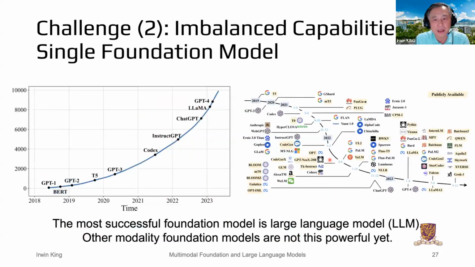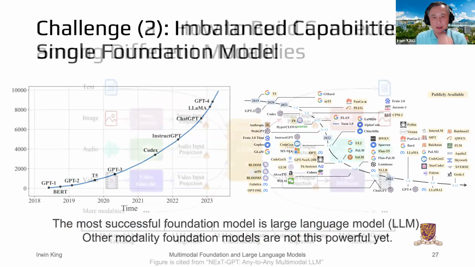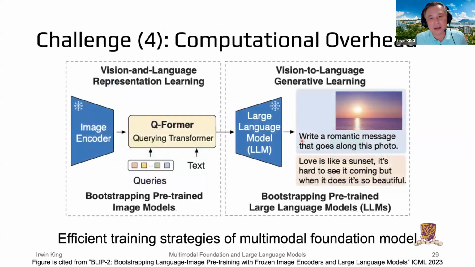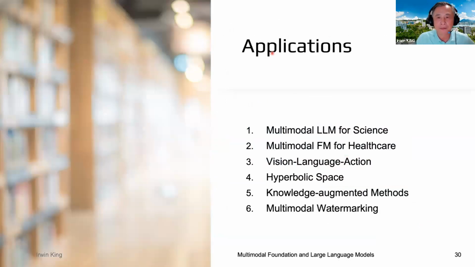Also, you can see that GPT-4 is way ahead of many other image-based or video-based capabilities. The third one is, how do you build the connection? Is it 1 to 2, 1 to 3, 1 to n, m to n, and so on and so forth? And lastly is the computational overhead. We need a lot more computational power.